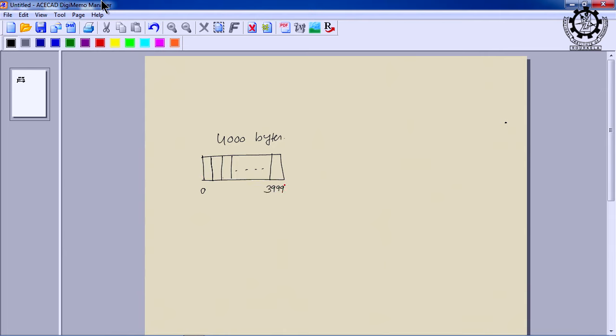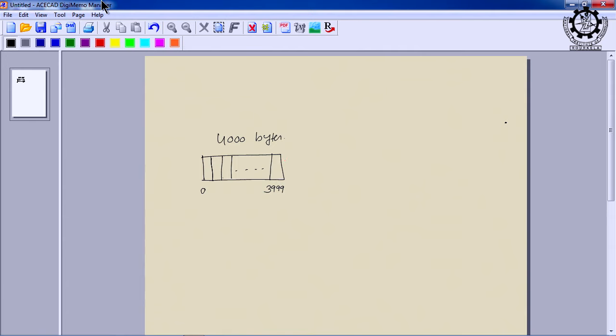Now, today we will see, if the datagram is fragmented, what are the different fields that get affected and how some of the fields are copied into the subsequent fragments.